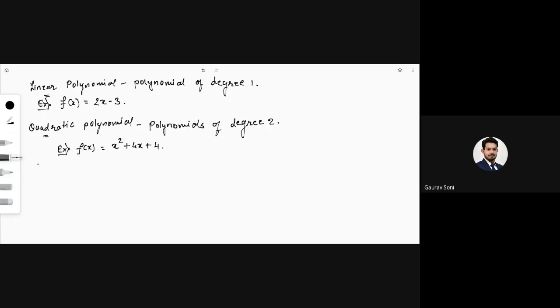Cubic polynomials, polynomials of degree 3.